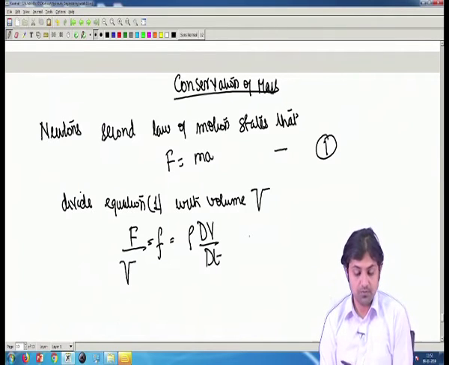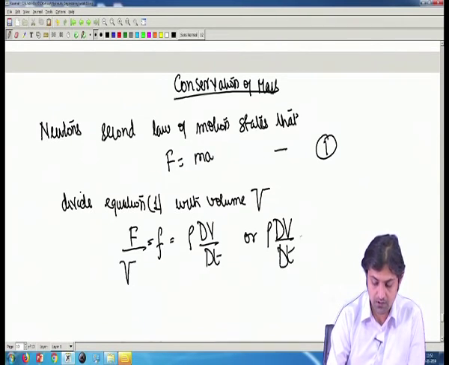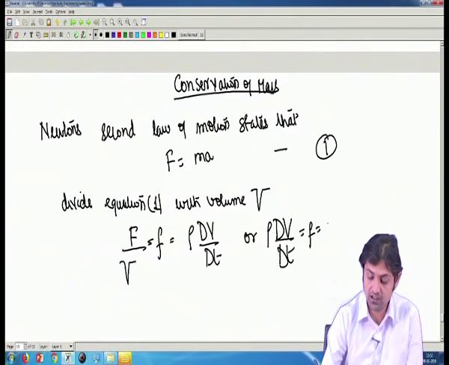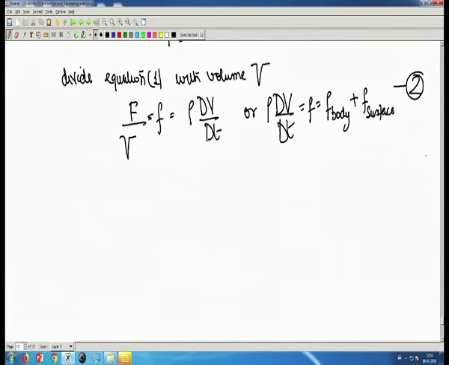So that is force per unit volume, or we can also write rho dV dt is equal to force small f, and that can be written as, there are two types of forces, one is body force plus one is surface force, and this equation we write as equation number 2. All right.